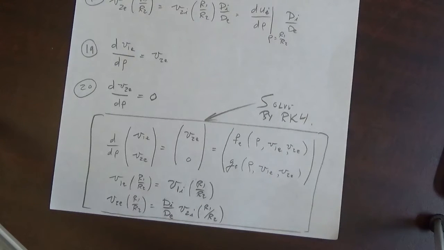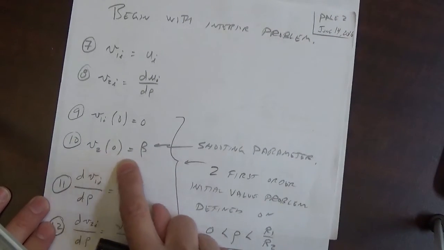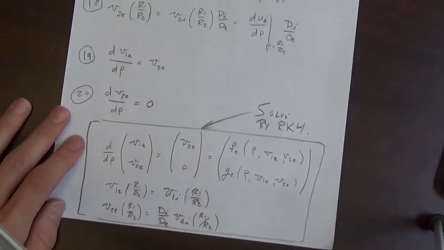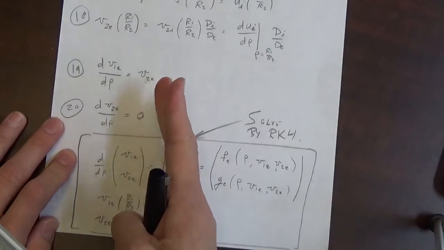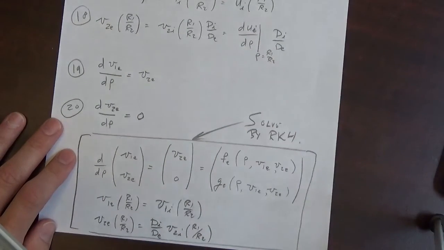So we're going to solve this problem starting with the interior, making an initial guess at what the slope is at rho equals 0, solving through the interior to the interface, solving from the interface to the exterior, and we're going to look at what the final value is at the exterior.